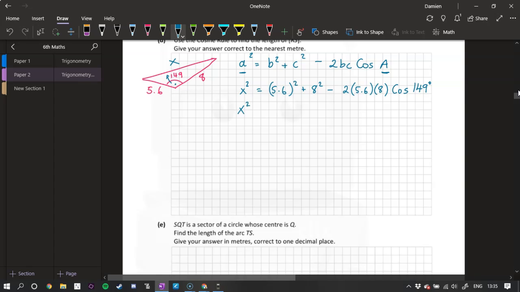So now it's just a case of putting all those numbers in. Take your time with it, make sure you put it in correctly, and you should end up with x squared equal to 172.16219014. X then is equal to the square root of all that.